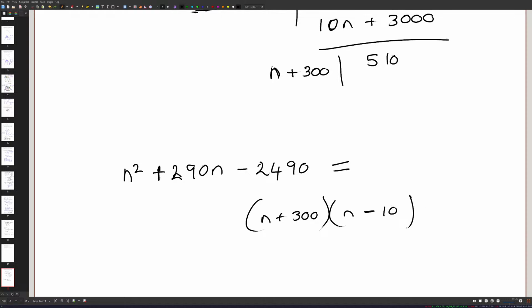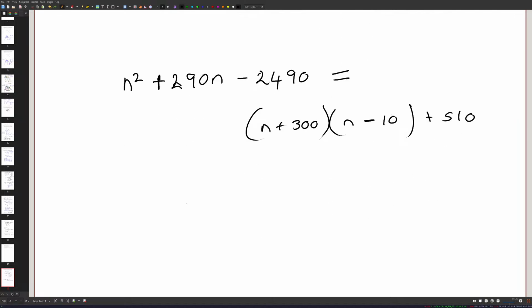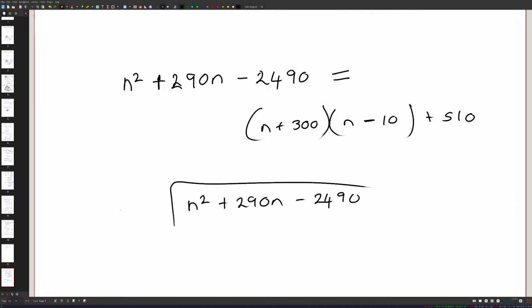And that's going to be minus 3000, so plus 510 is basically the idea. Yeah, okay, so it's the same procedure, plus 290n minus 2490. And we're going to divide this by n plus 300.